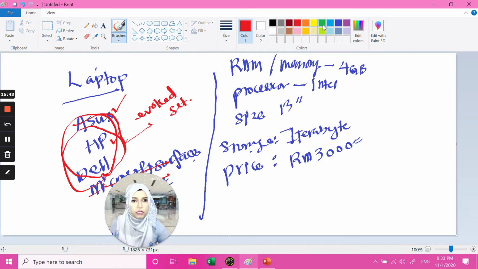Let me change the color to, let's say, green. So you further look at, does this particular HP perhaps have a white color? You might want to add another criteria here, plus, it has to be white color, because you prefer something that is white.